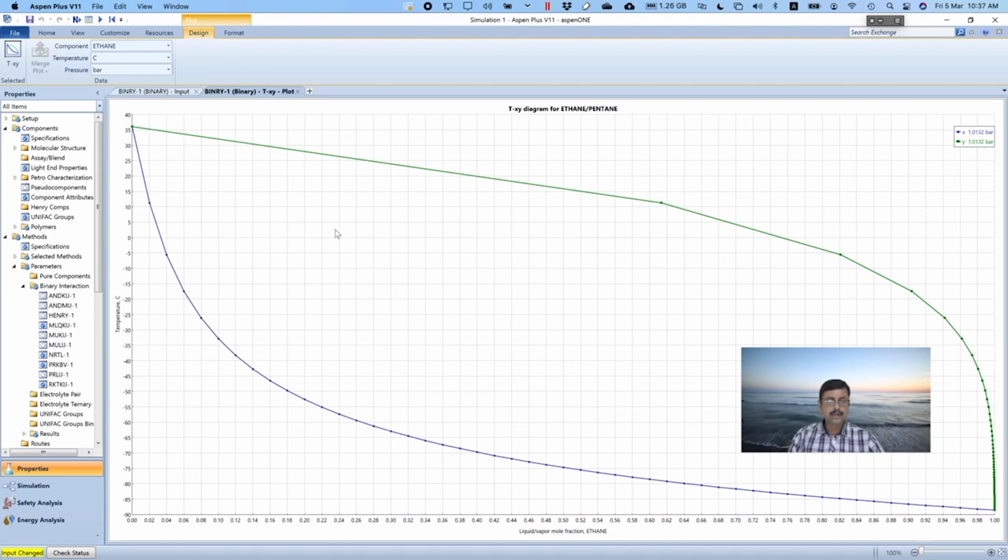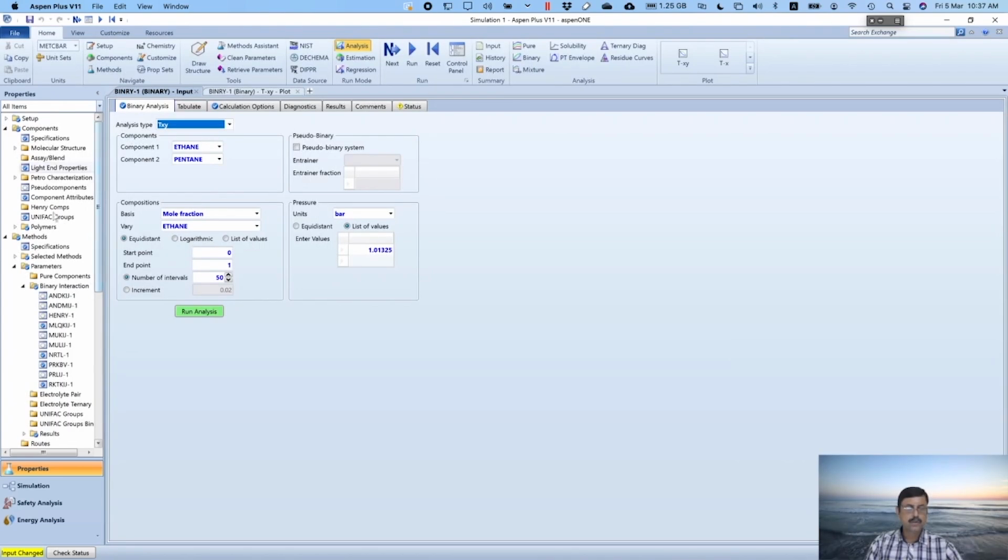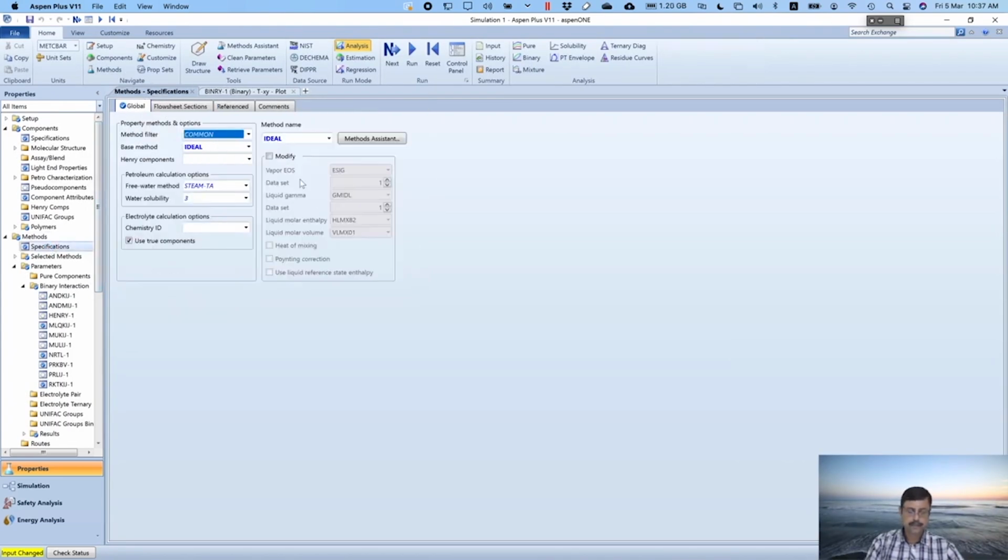Now the same thing we can try with the UNIFAC model. For that we have to bring in UNIFAC property method and run it.